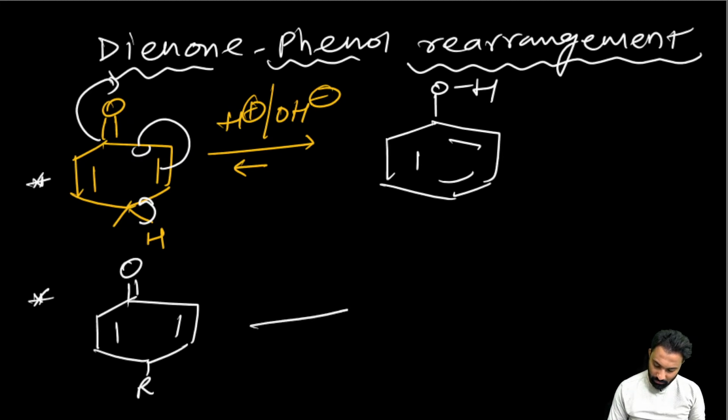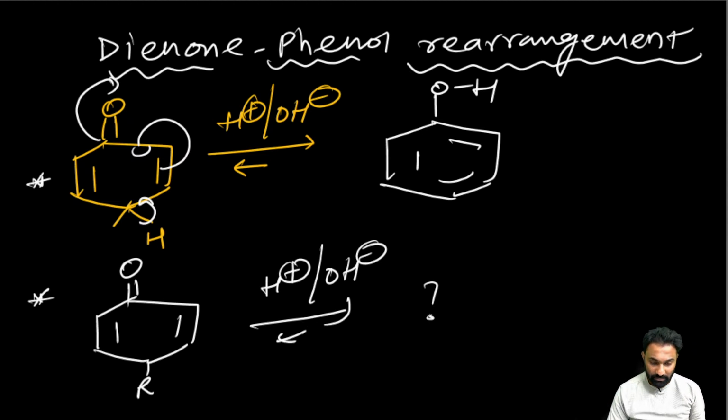Now H plus and OH minus, and what is the product's IUPAC name? If you are getting confused, I will give you the CH3. What is the product's IUPAC name?